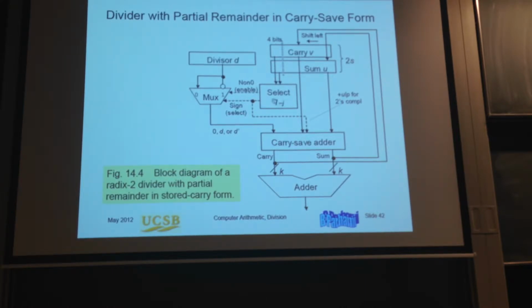And based on this, I will determine the digit in the quotient. And this will tell me what to do. You know, do something, do nothing, add, subtract, whatever. And then I have now these 2 numbers plus the new one, which will be now reduced to 2, and this is my new partial remainder. Then my iteration is determined by this kind of critical path. In the last iteration, when I'm done and everything is fine, I would have to compute the remainder by propagating the carry here.